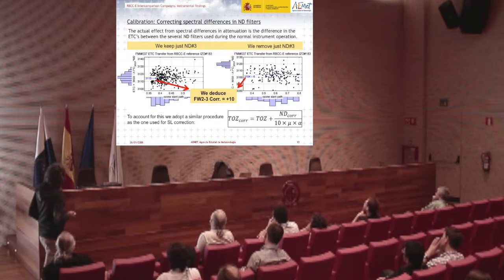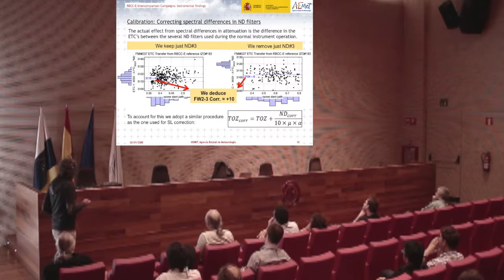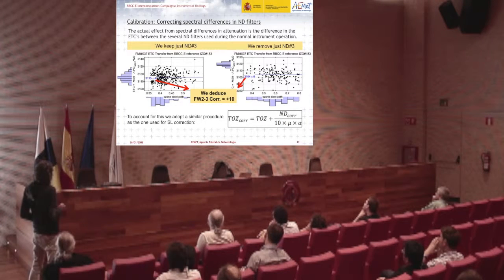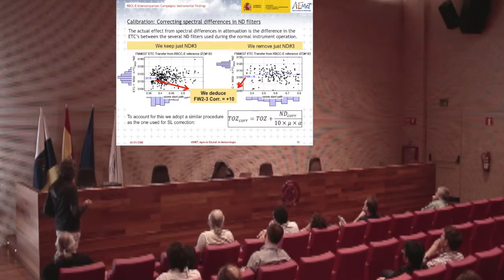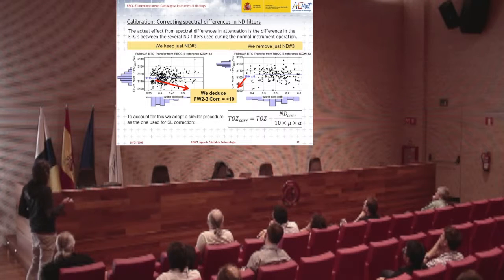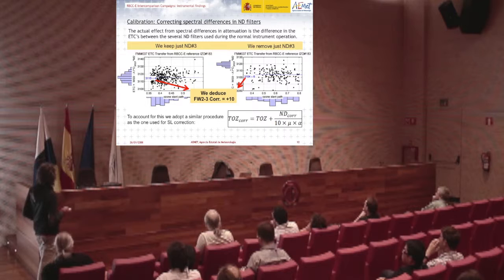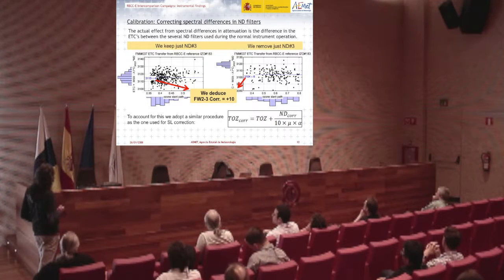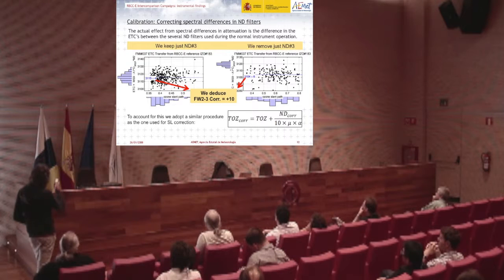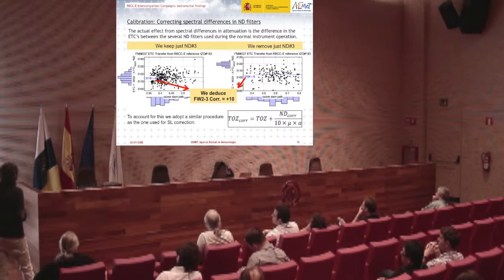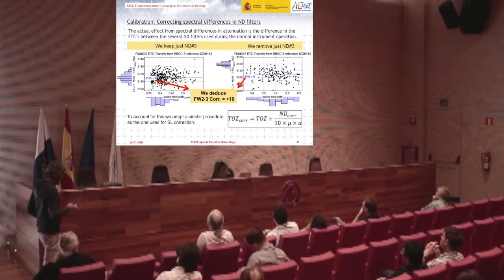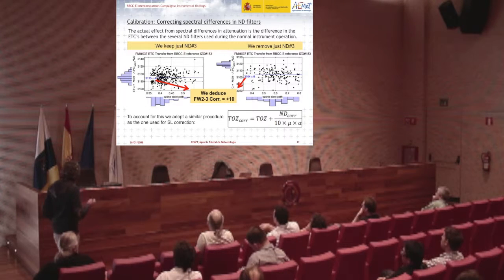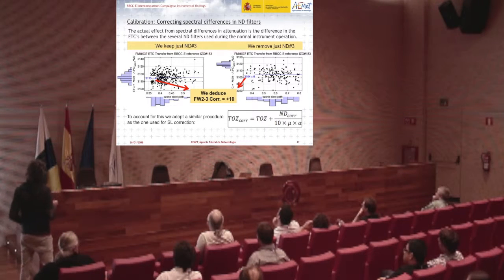What we do is just apply the standard one parameter ETC transfer for the filters affected by the problem. In this case, I am speaking of instrument 37, which shows some problems in neutral density filter 3.